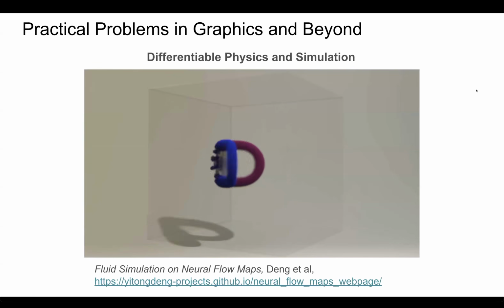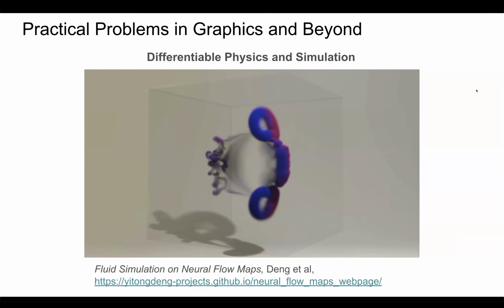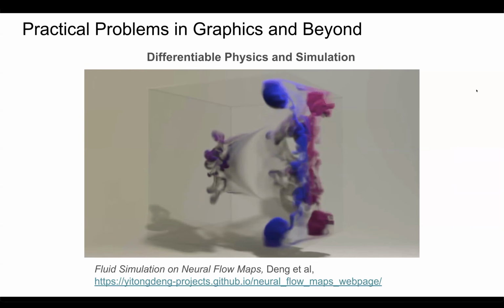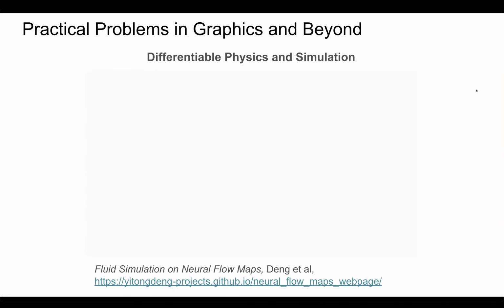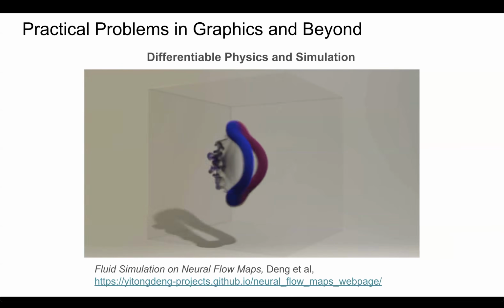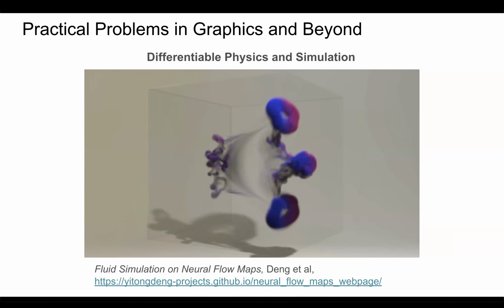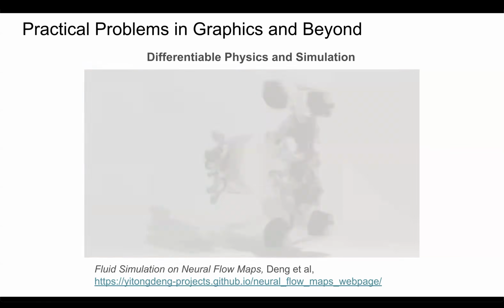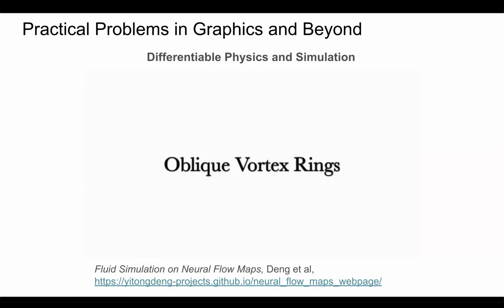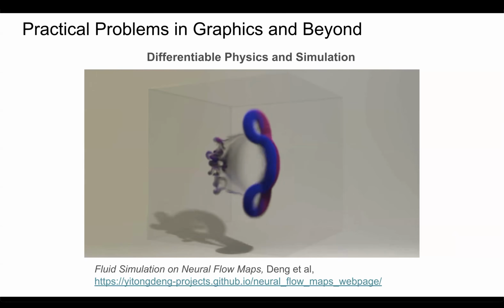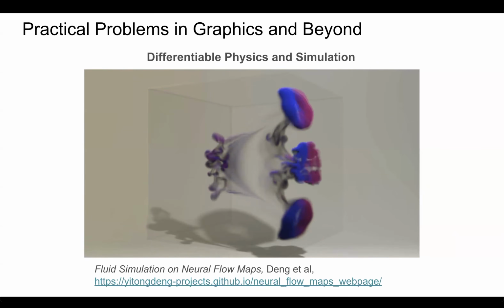Then beyond graphics, in physics, the ability to differentiate through a physics simulation enables new approaches to modeling complex phenomena. This animation shows an oblique vortex collision simulated using the neural flow maps method. The paper's authors here use a differentiable neural network as a data primitive to model fluid flow.